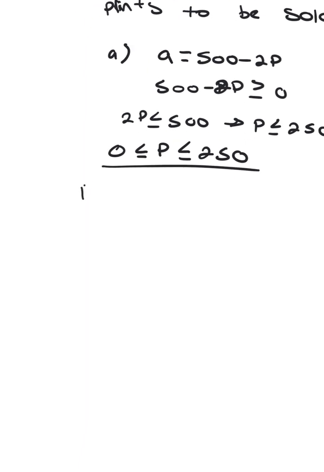Now let's go to part B, the elasticity. In order to find the elasticity, we must first use this formula here. Ep equals dQ over dP times P over Q. So we need to first find the dQ over dP. And from the demand function, we have Q equals 500 minus 2P.